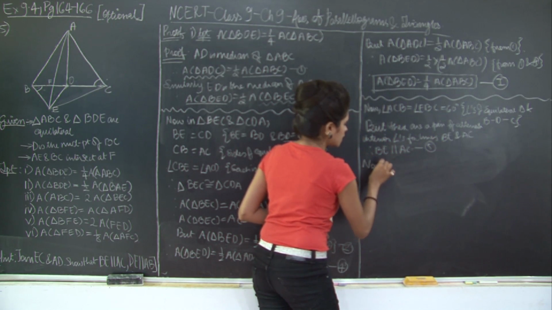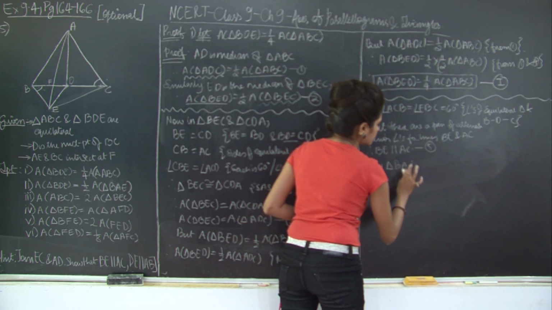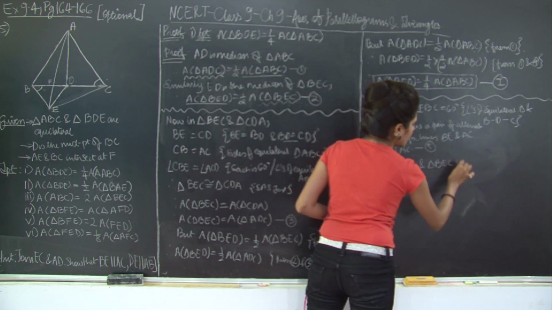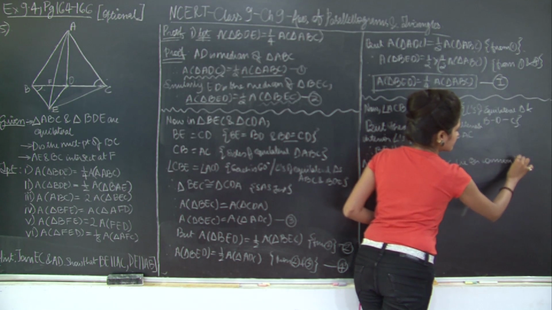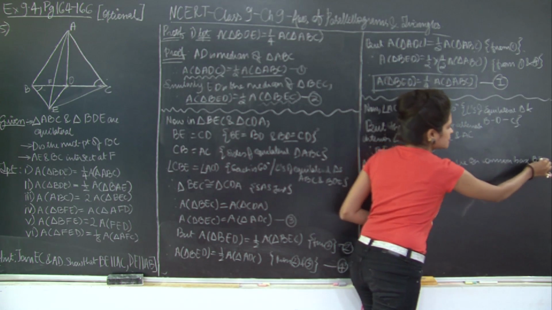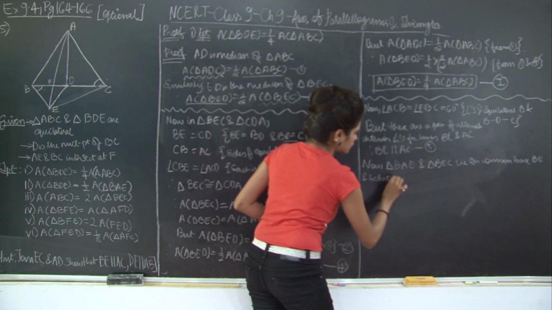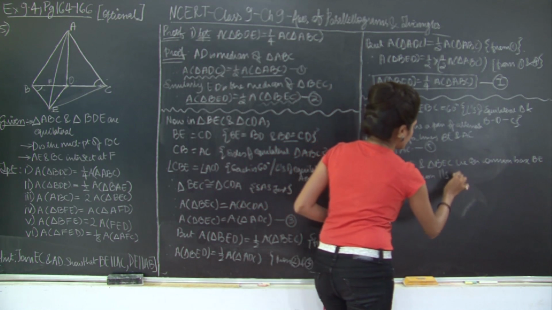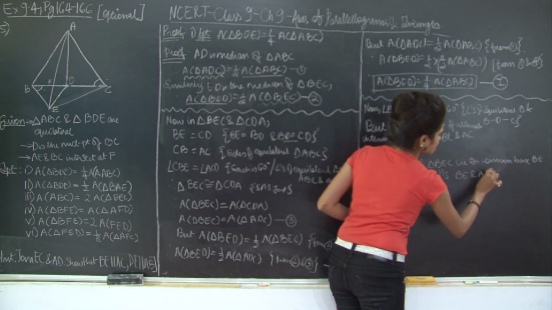Now, triangle BAE and triangle BEC lie on common base BE, right? The common base BE, and between common parallels BE and AC.